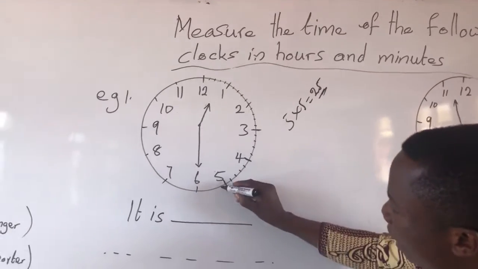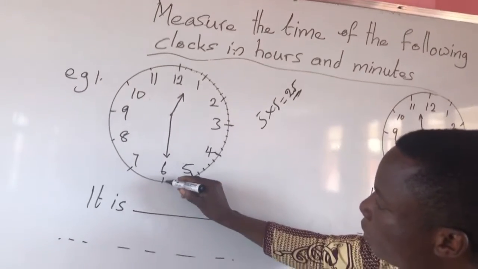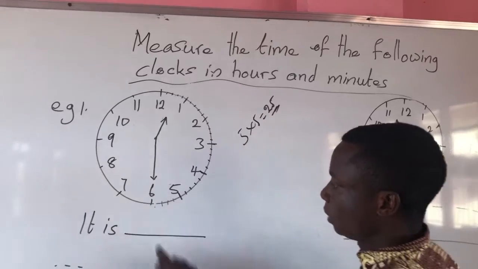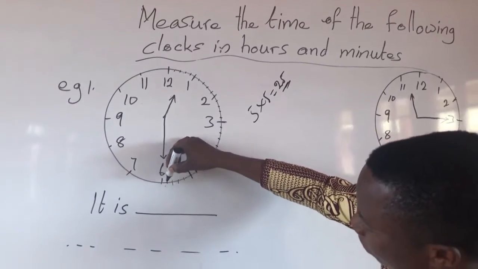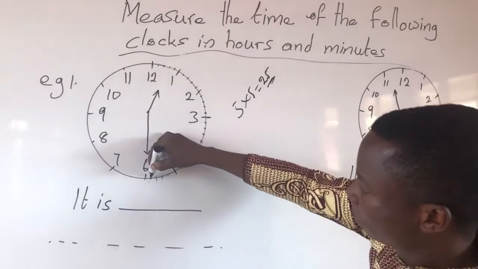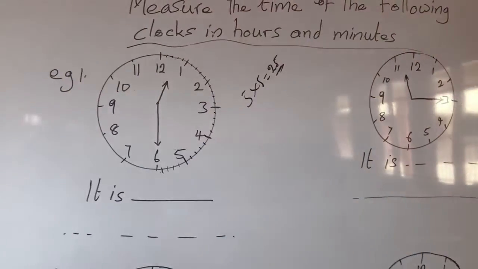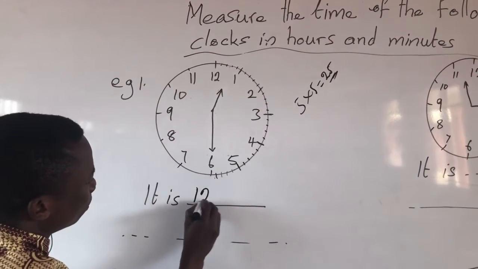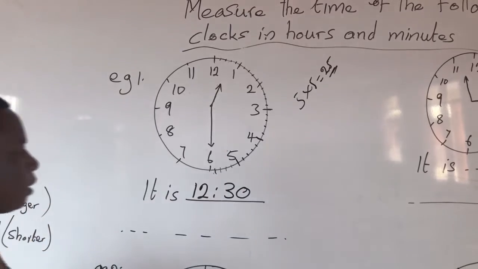25. Now 26, 27, 28, 29, 30. So you realize that this is what? 12:30.